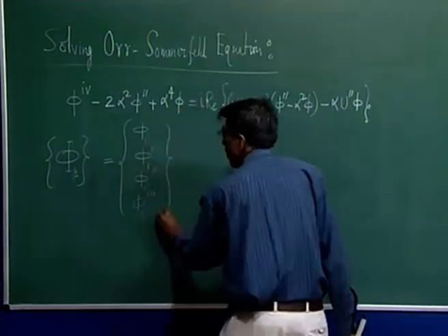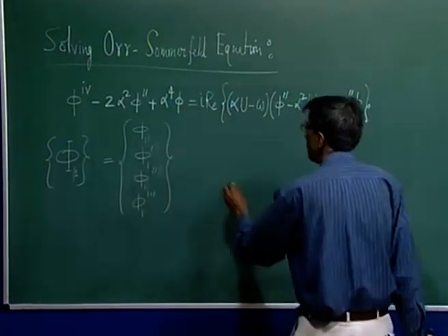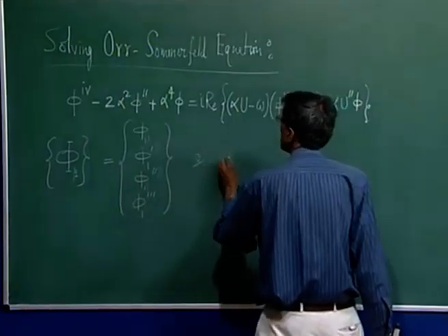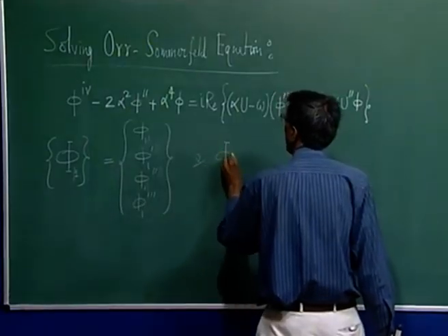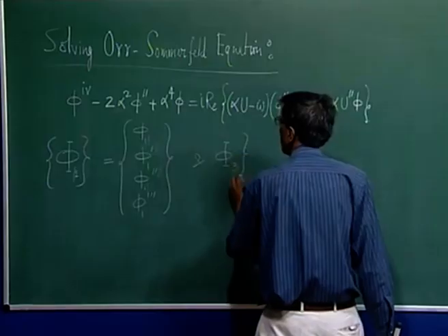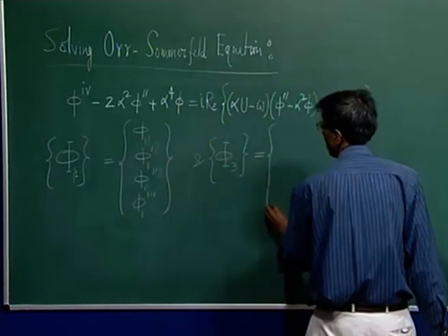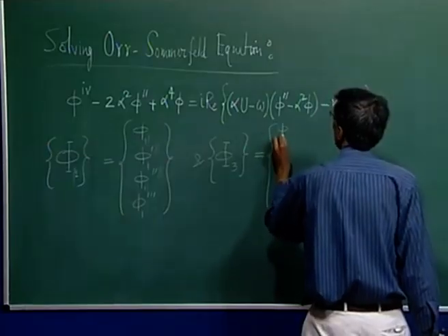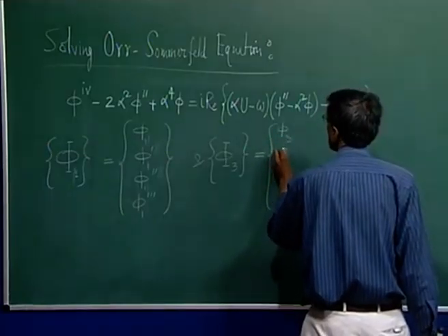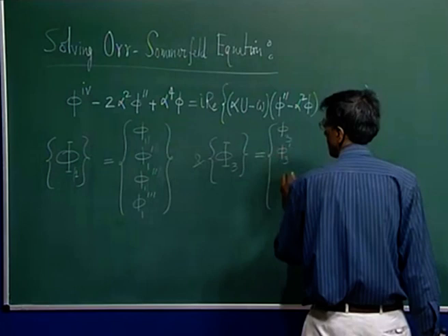So, this is one of the modes, and the other mode, if I call that capital phi 3 and write it like this, then we are going to get phi 3, phi 3 prime, and so on.